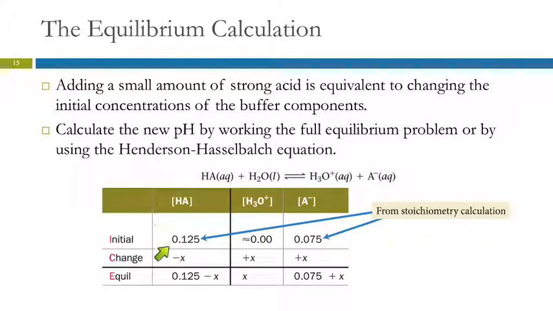So we're starting with 0.125 of the HA, approximately 0 of the hydronium, and 0.075 of the A minus. It's from the previous slide. Then we look at how this is going to change, and we do our equilibrium calculation. You can do it either way. You can put that into the equation and calculate using x is small, or you can use the Henderson-Hasselbalch equation.